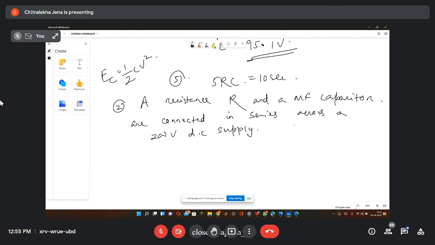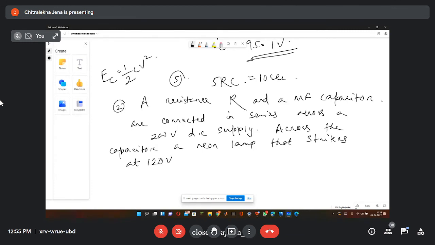You have across the capacitor a neon lamp. Have you seen it? Yes, ma'am. Very good. It strikes at 120 volt.